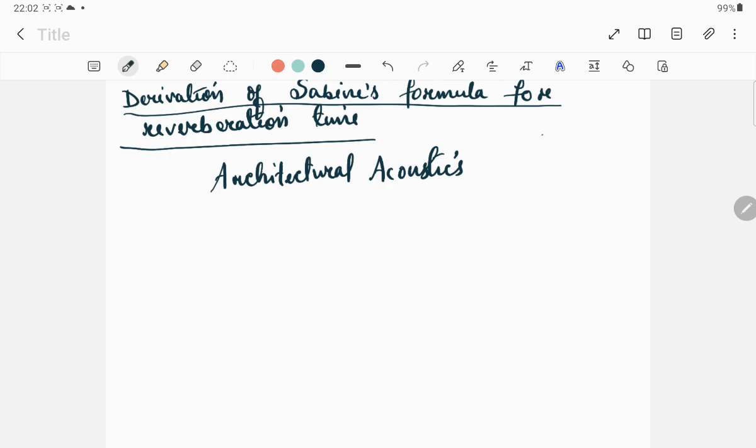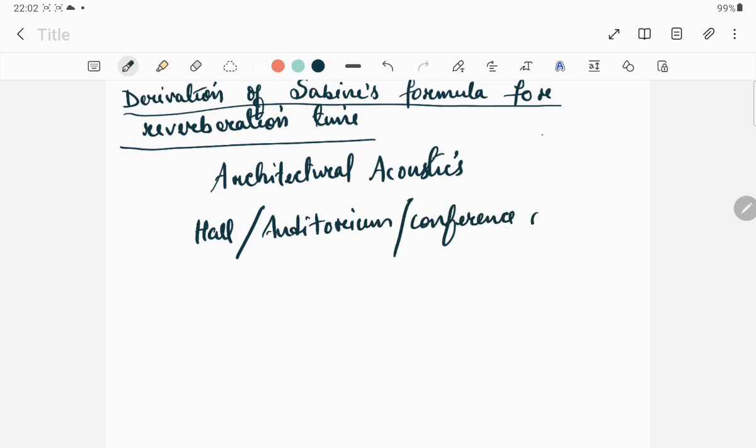Architectural acoustics is basically a part of physics which deals with the control of the quality of sound inside different types of buildings like halls or, say, auditoriums, say conference rooms, etc. Since the purpose of this control is to create a condition by which people can hear with comfort, it is very much necessary to consider not only the principles of sound but also to take into account the quality of sound.